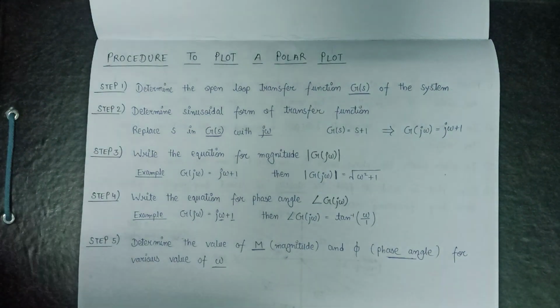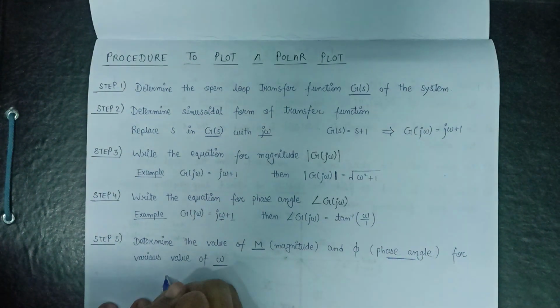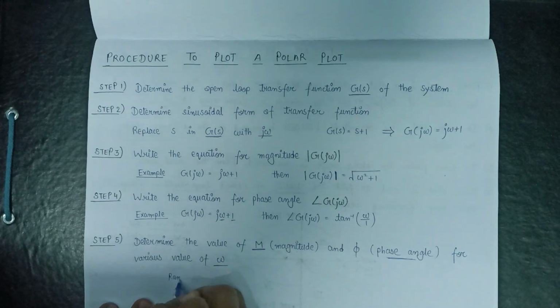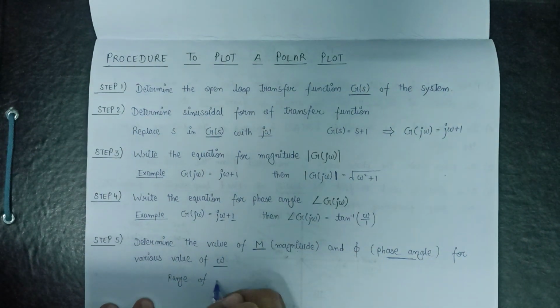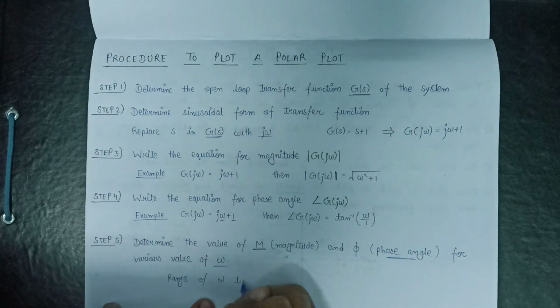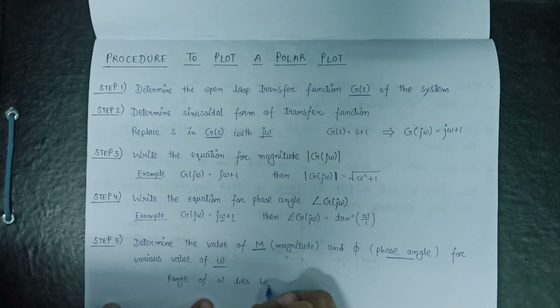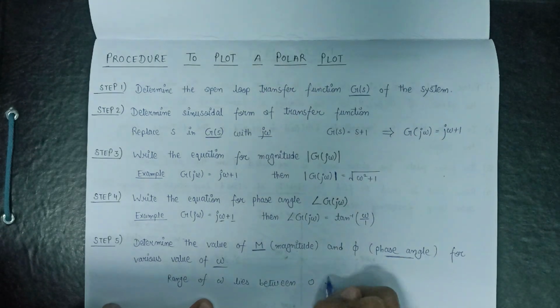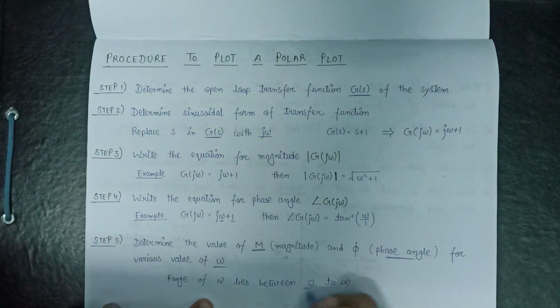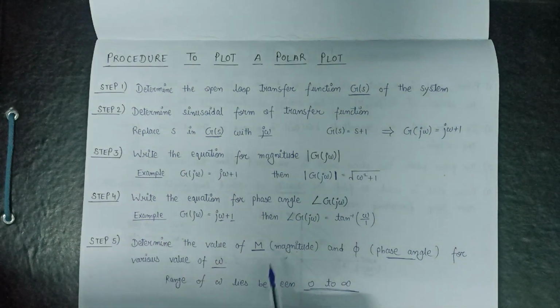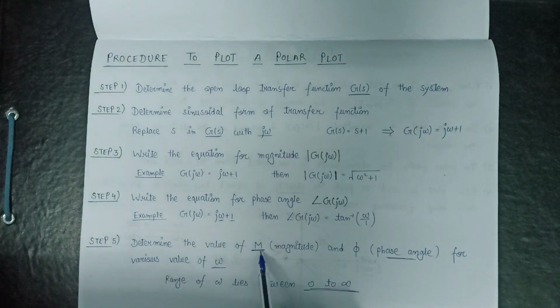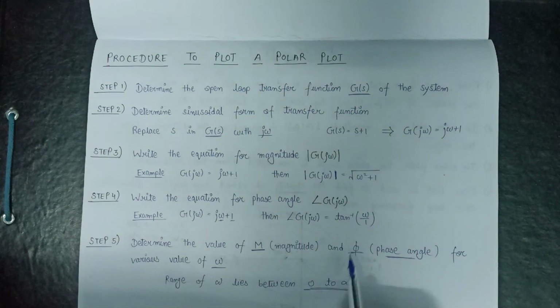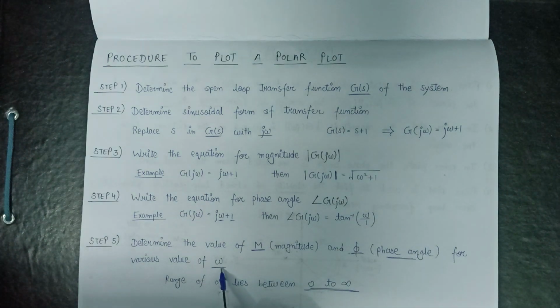Since in the previous lecture we studied that the range of omega lies between 0 to infinity, we have to calculate the various values of M and phi for different values of omega, but the value of omega should always lie between 0 to infinity.